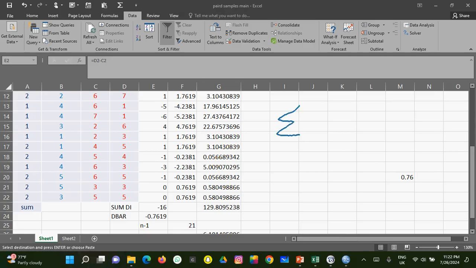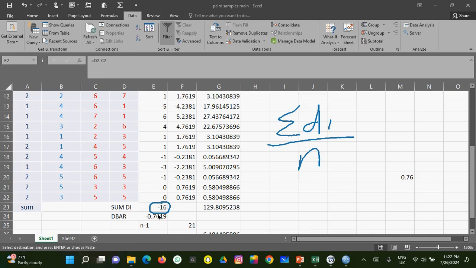So summation di all over the sample size is going to give us the d bar. All the differences that we had in here, post rating minus pre-rating, when we summed them, we had -16.